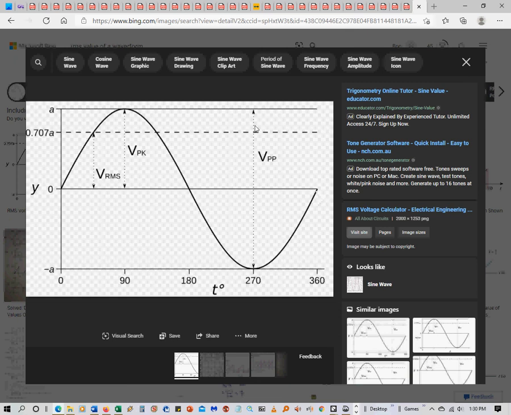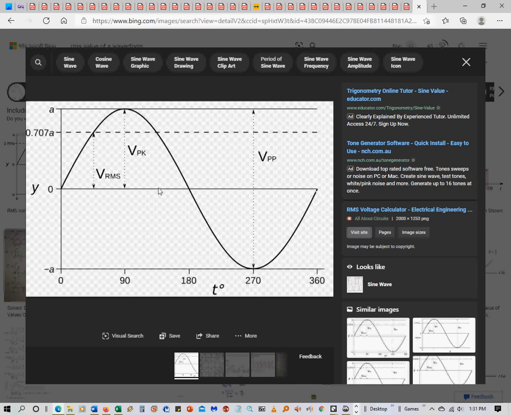And then V sub PP is the peak-to-peak voltage, which, if there is no DC component and the average value is 0 as shown on this graph, is just 2 times this number. So if this was, say, 3 volts, then the peak-to-peak voltage would be 6 volts, because the positive peak is +3, the negative peak is -3, and the total distance between the two is 6.